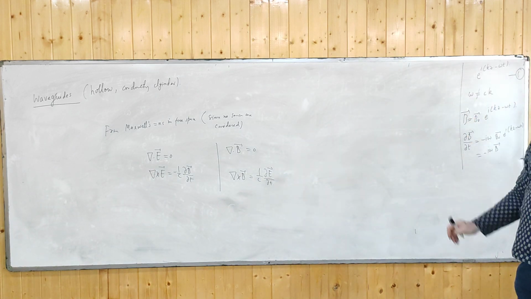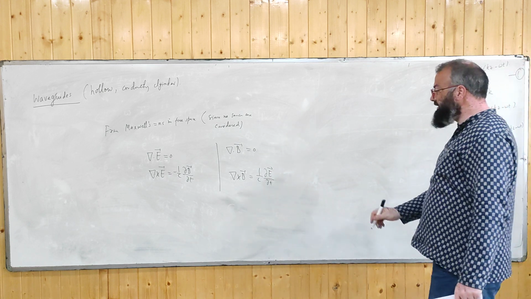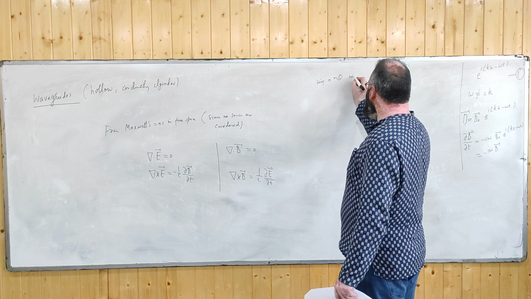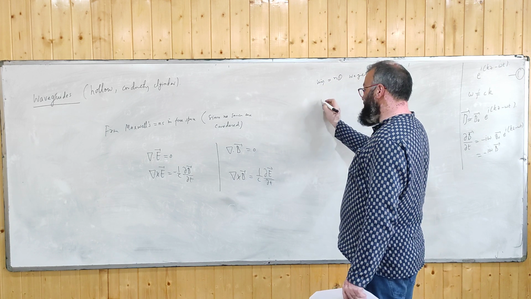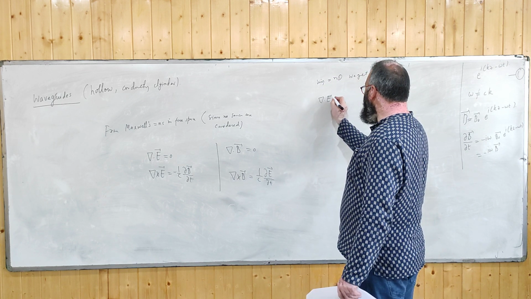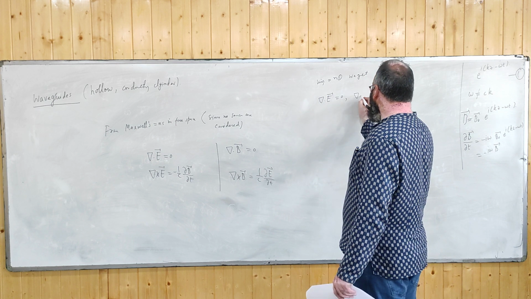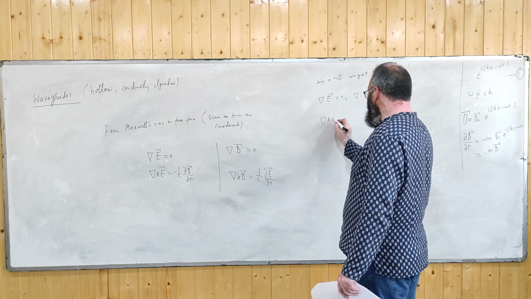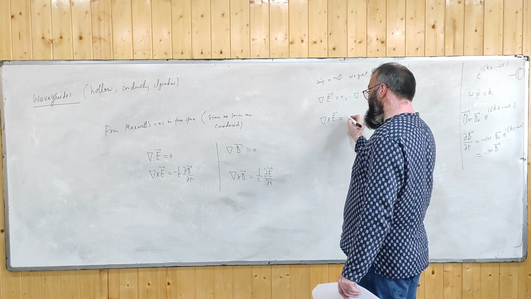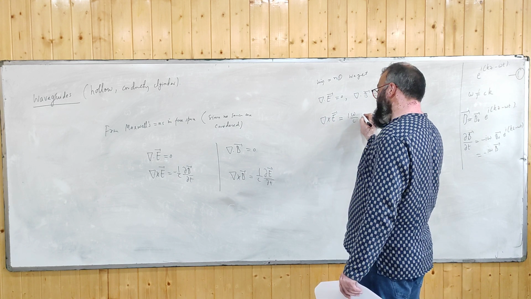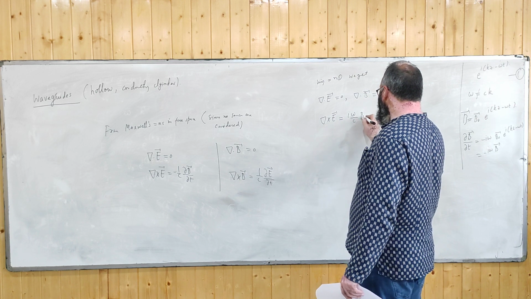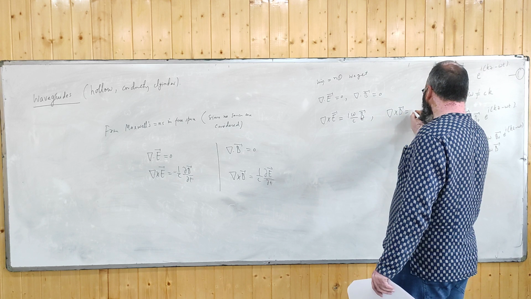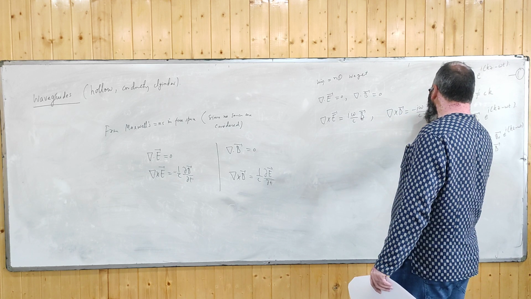Using it in the equations, we get del dot E equals 0, del dot B equals 0, and del cross E equals i omega by c vector B, and del cross B equals minus i omega by c vector E.